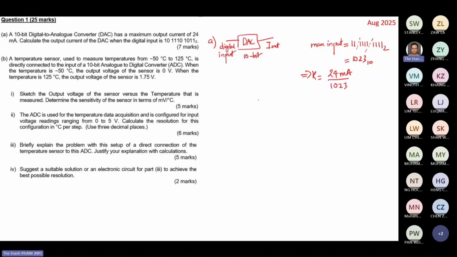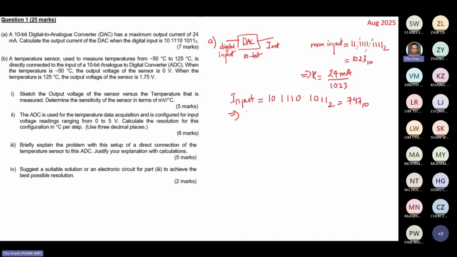And your input is 1011101011. Now, can you help me to determine the value of this in decimal? 747. 747 in decimal.